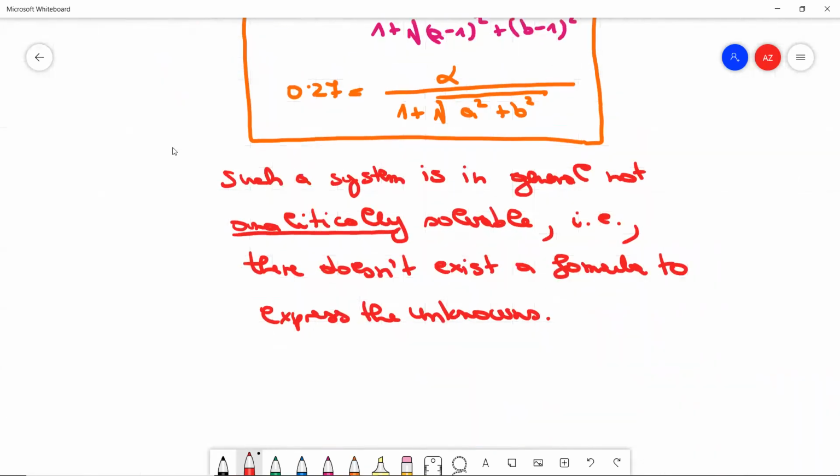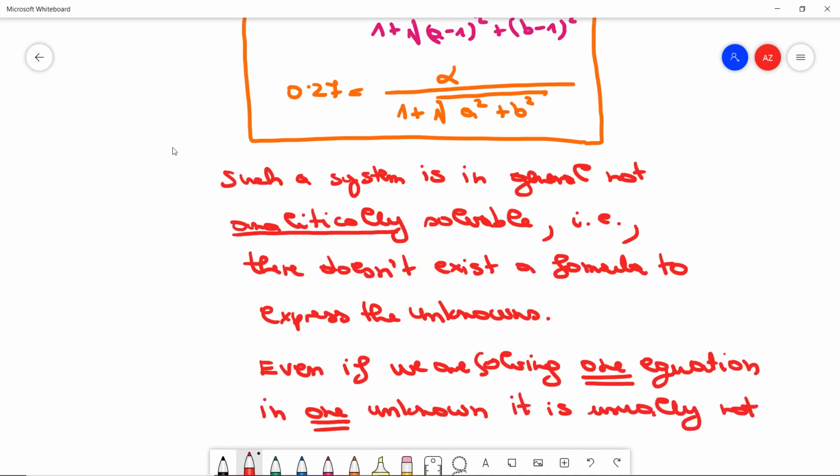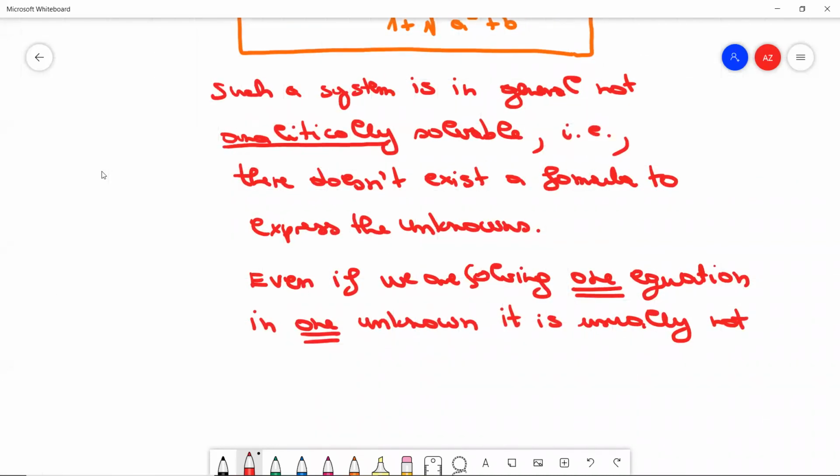So even if we are solving one equation in one unknown, it is usually not possible to solve it analytically.